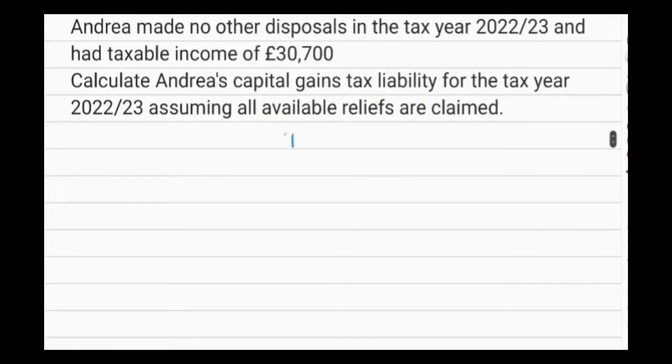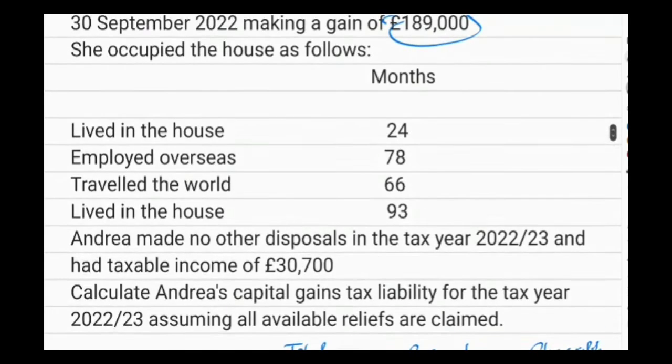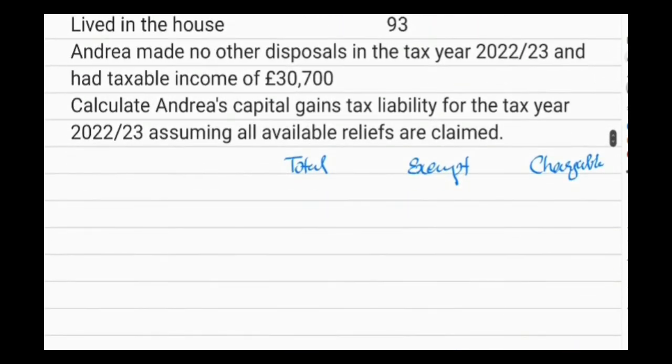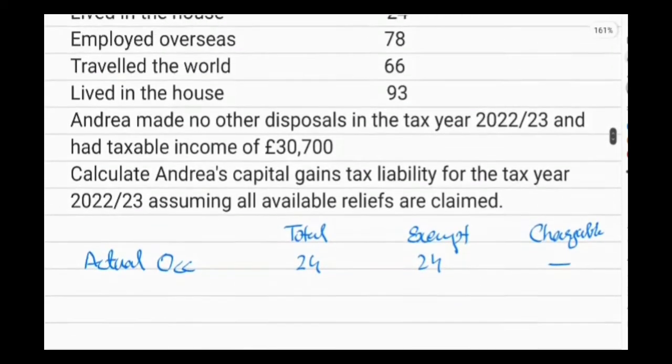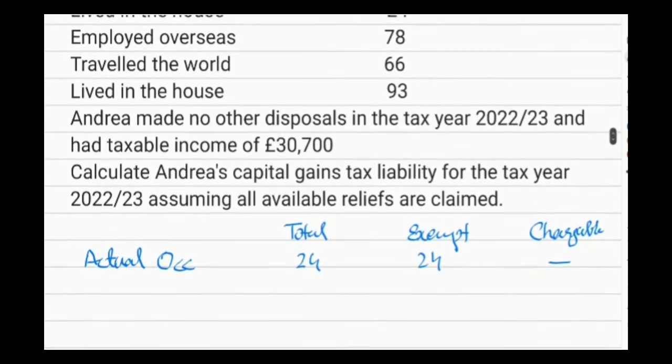This is total, exempt, chargeable. So first, lived in a house, actual occupation, so exempt. Then employed overseas for 78 months.